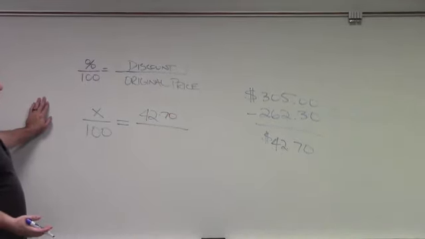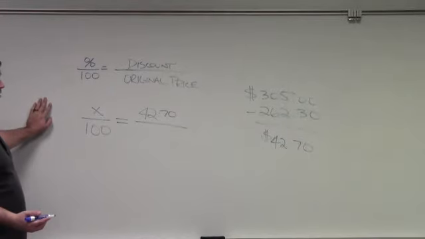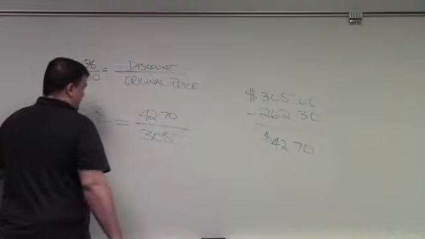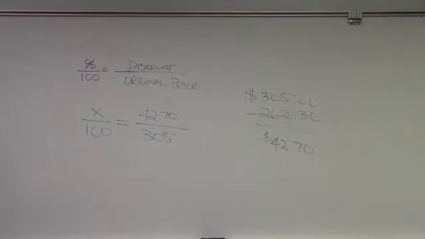And then what's the original price? 305. The other one was the sale price. So how would I solve that? We'll just talk through this one and then get to the next one and set it up. Cross multiply 100 times 42.7, and then divide by 305.